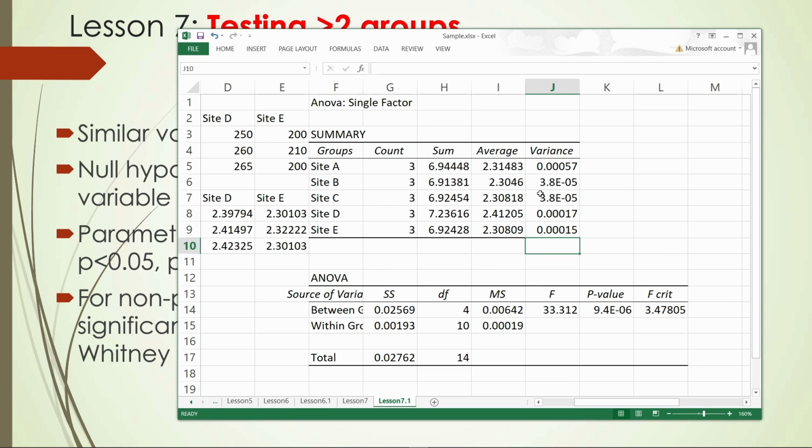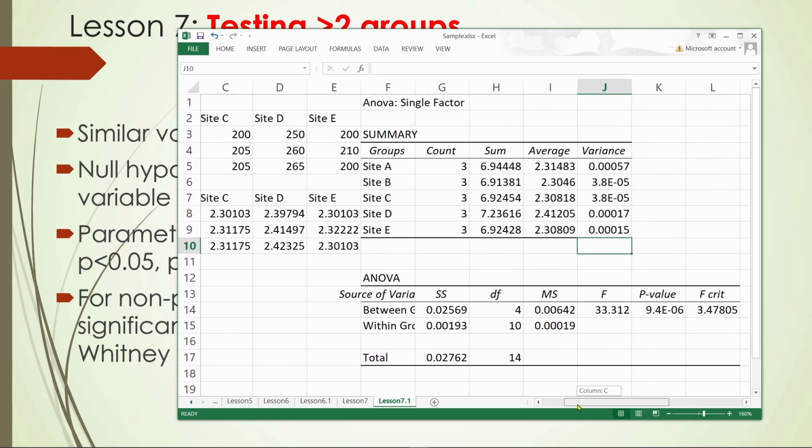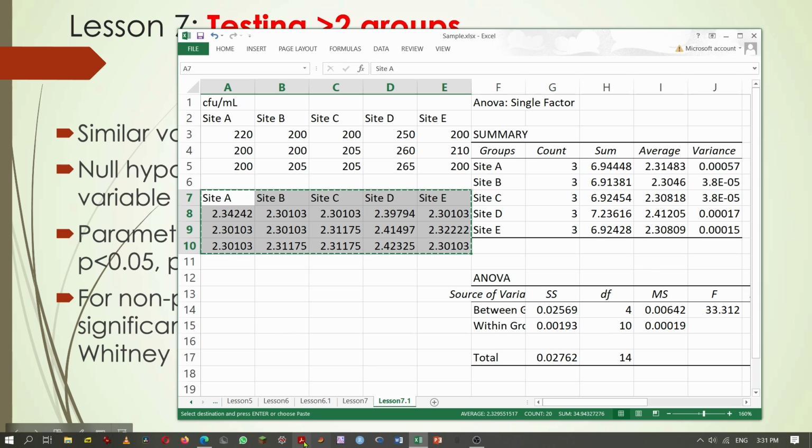That means there is significant difference among the sites that you have chosen. However, in Excel, there is no post hoc analysis that is built into the software. For further testing, let's try PAST.